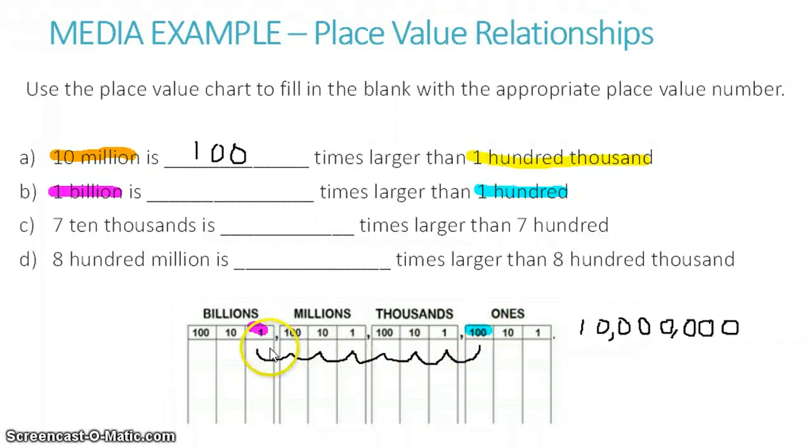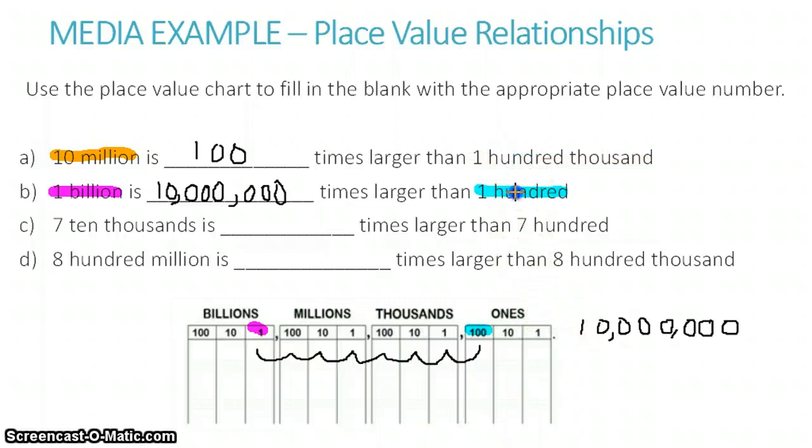So that means if you had $1 billion in $100 bills, you'd have 10 million $100 bills. That would be nice. So let's fill that in. 1 billion is 10 million times larger than 100.